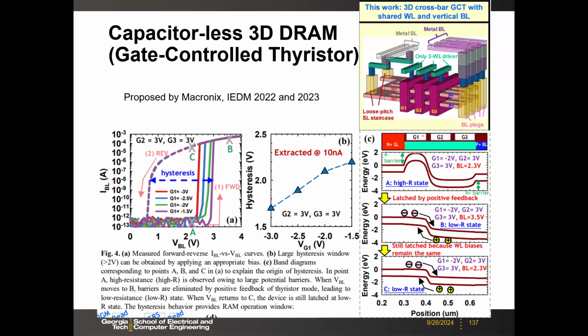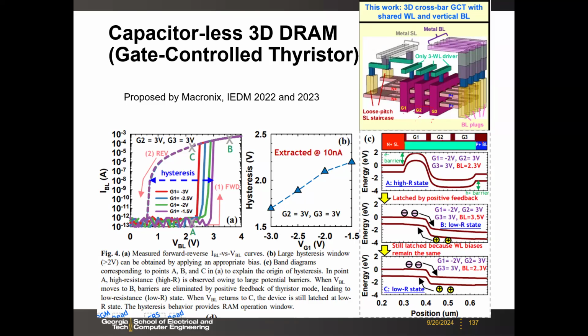So there's a particular state where you can achieve this latch-up effect with appropriate biasing condition. Basically, you can have the latch-up effect by playing with the timing and the voltage of the three gates. Then you can create this positive feedback with these junctions.